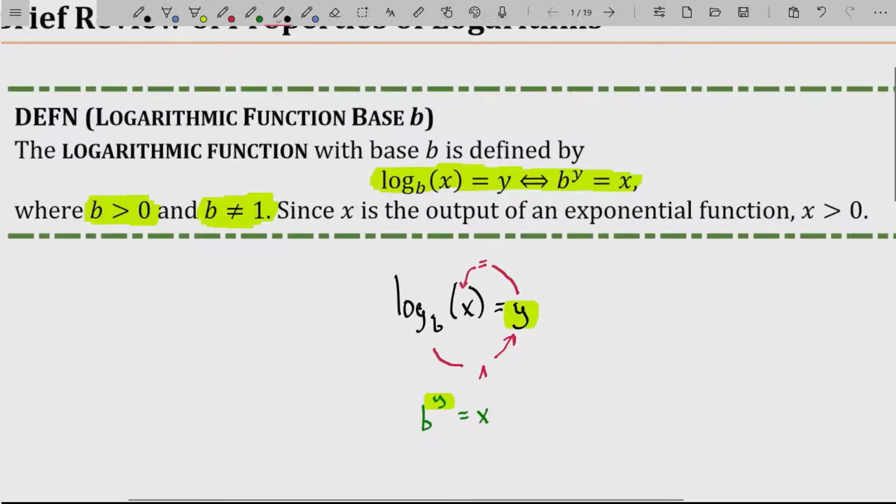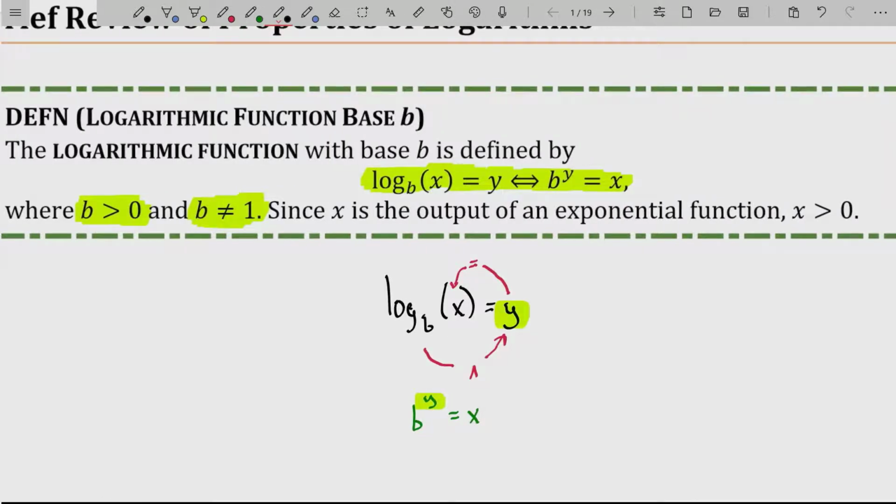Another thing that's critical, probably more critical than the conversation about the base, is the fact that x must be positive. x is the argument of the logarithm. It's the input for the logarithm, and it's also the output for the exponential function.